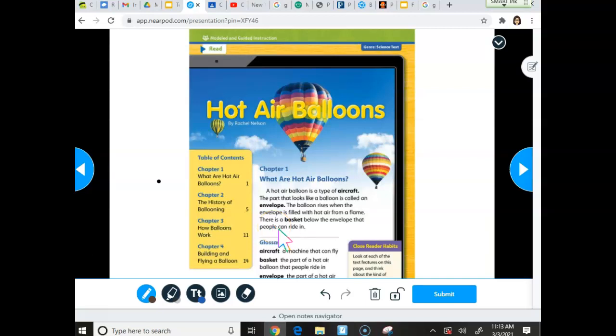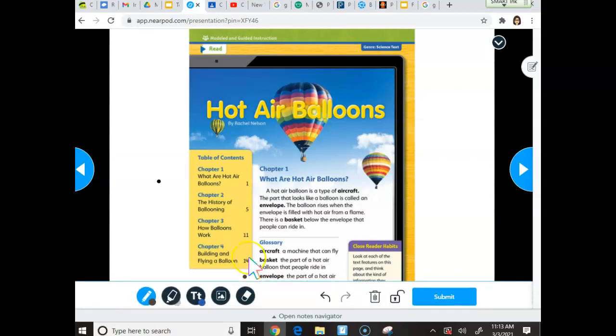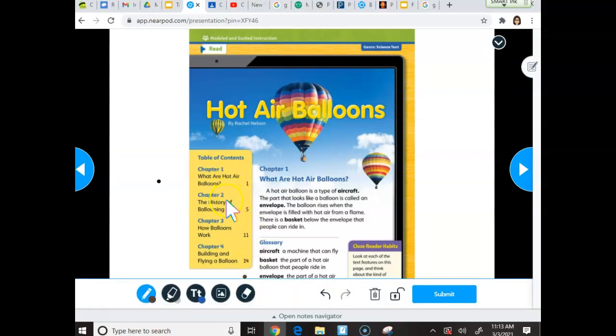No. Is there anything in the glossary that helps us with that? No. What about the table of contents? All right, what are hot air balloons? No. The history of ballooning? No, it doesn't have anything to do with history.